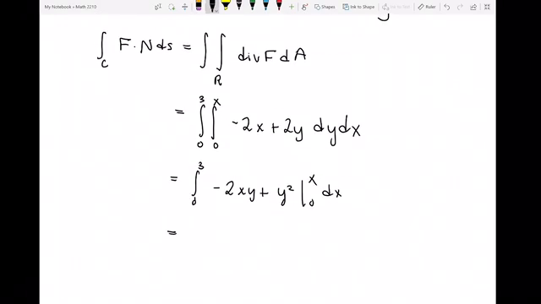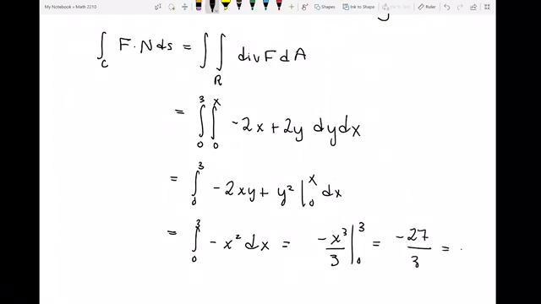Then I evaluate this and get minus x squared plus x squared, so that's the integral from 0 to 3 of minus x squared. With respect to x, that's minus x to the third over 3 between 0 and 3, which is minus 27 over 3, or minus 9.